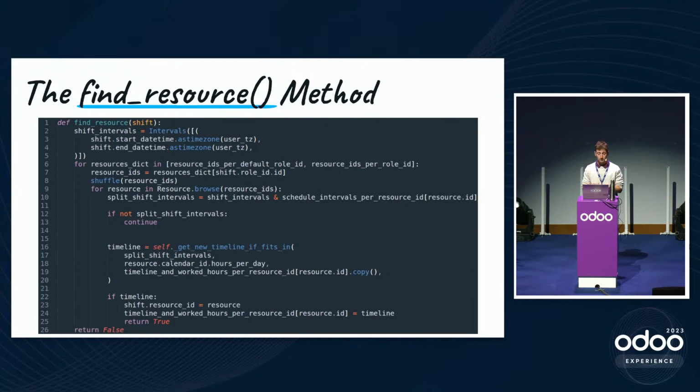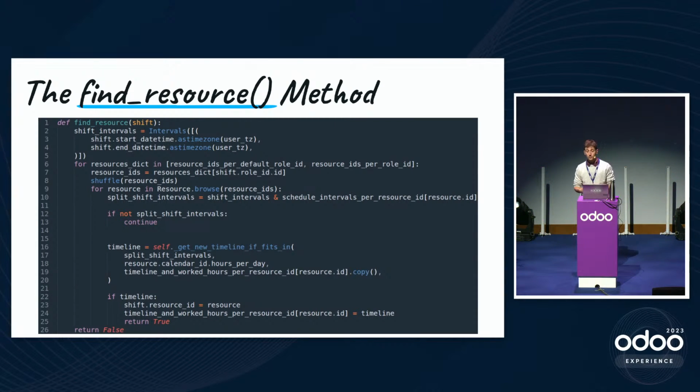We shuffle them because we don't want to always give the shift to the first available resource. And then we go over all the resources one by one. We get the union of the shift intervals with the work calendar of the resource. If there is no union, if the result of this is nothing, that means that the resource doesn't work at the time that the shift is planned.